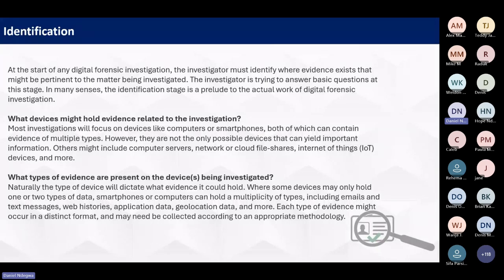So what device might hold evidence related to the investigation? Once you have that, then what types of evidence? You go checking each device and verifying whether that information is there or not. In case that information is not there, the next question you ask yourself is, where on the network or on any other device can I get information that can help me fill this gap?